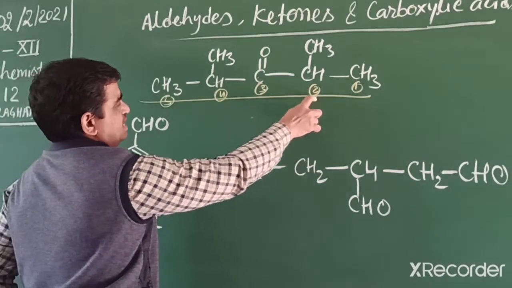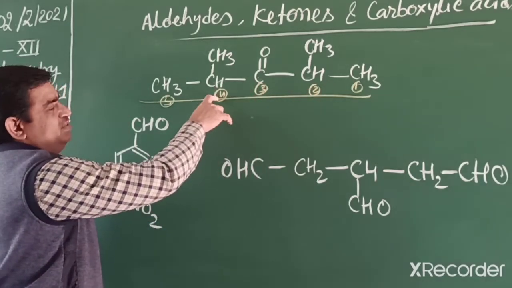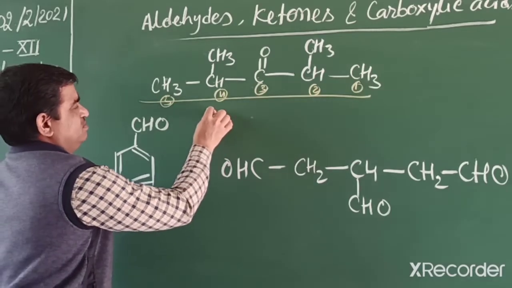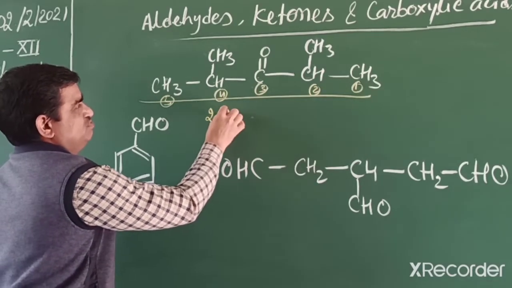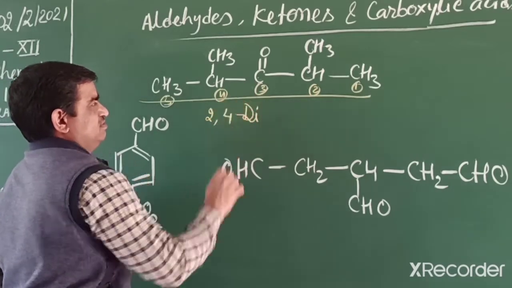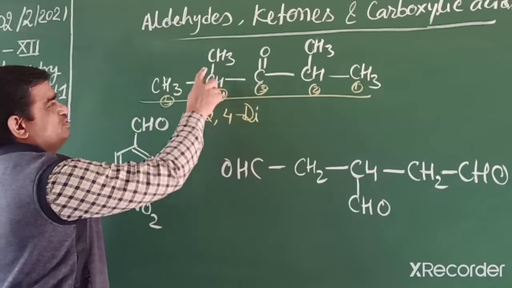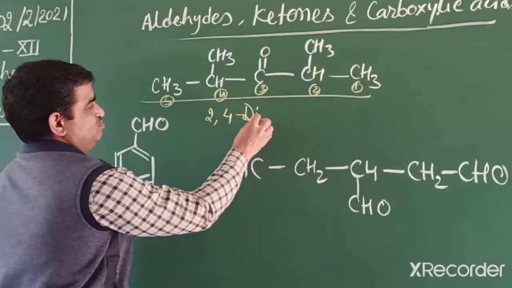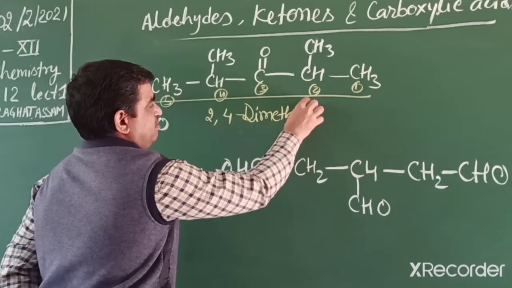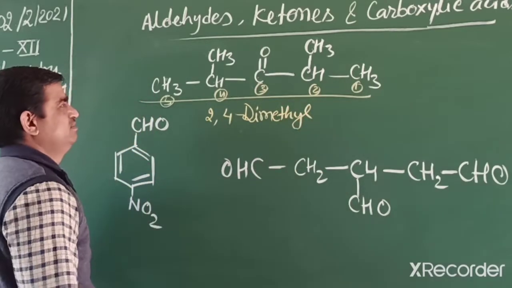The second and fourth carbons get the substituent. So we can write like this: 2,4-di, di because both sides are methyl, so 2,4-dimethyl.